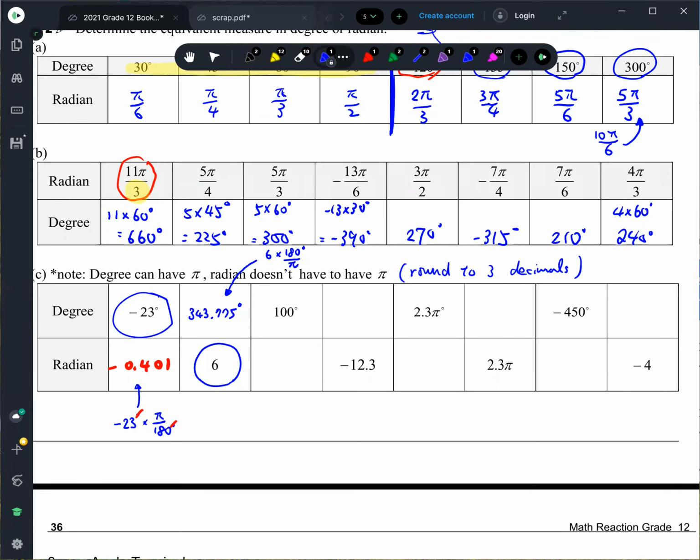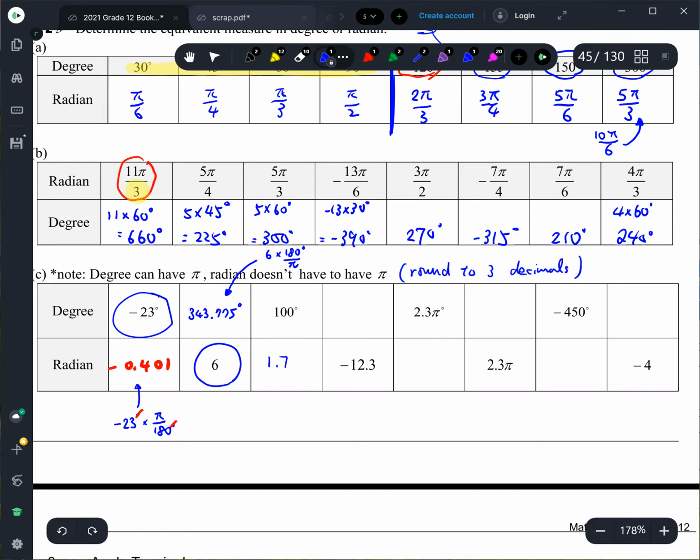Okay, let's check one of them. All right, Philip, what's your answer for 100 degrees? 5 pi over 9. Decimals, please. In decimals, that would be 1.7453. Yeah, okay, 745 will be good. Okay, 3 decimal places. So that's radians, okay, for 100 degrees.